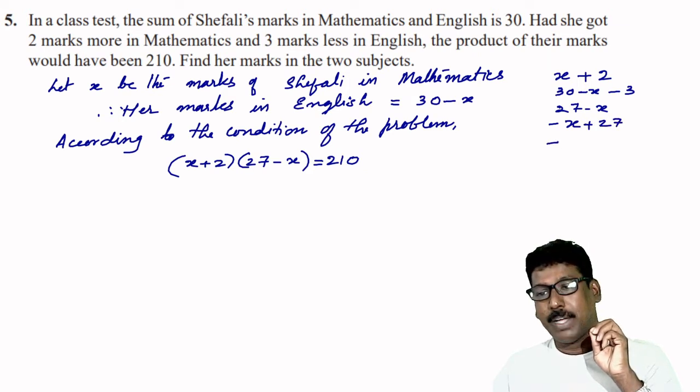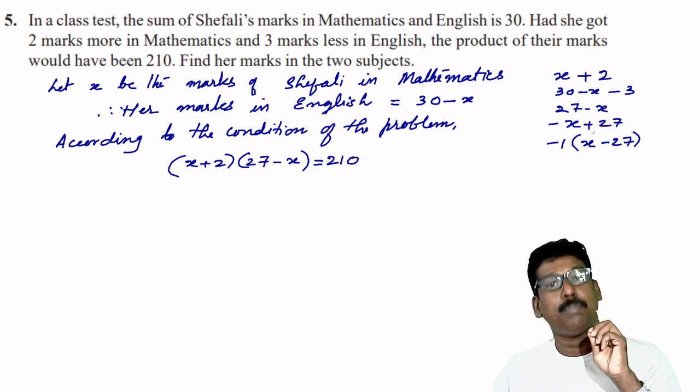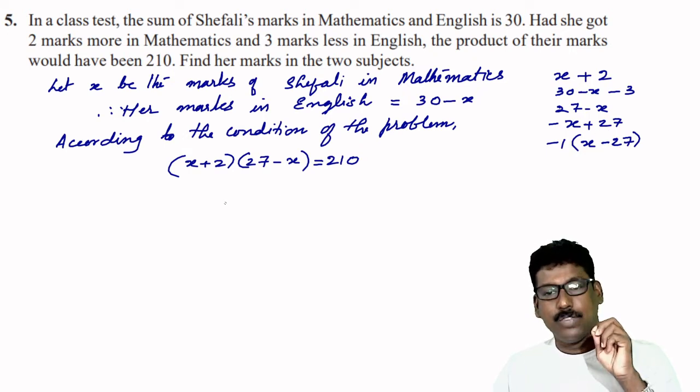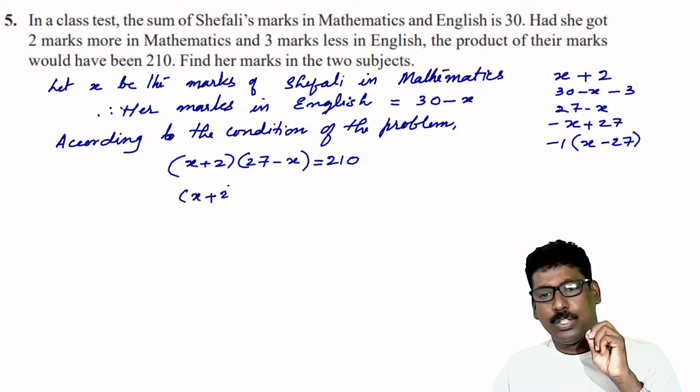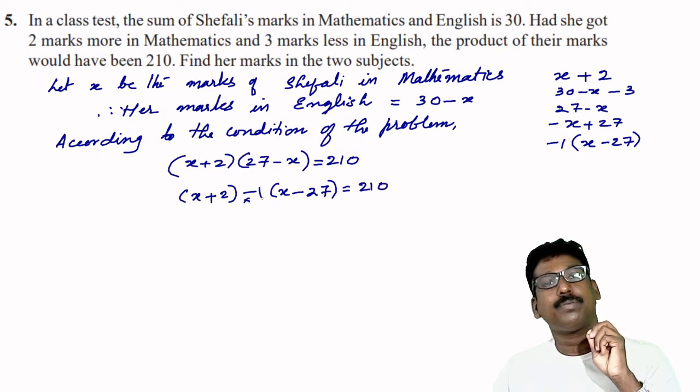Now let me take minus 1 common, then it is x minus 27. Minus 1 into x is minus x, minus 1 into minus 27 is plus 27. So this we can write as x plus 2 into minus 1 into x minus 27 is equal to 210.